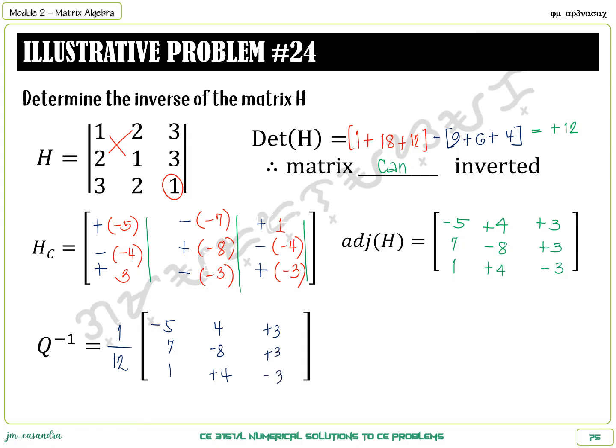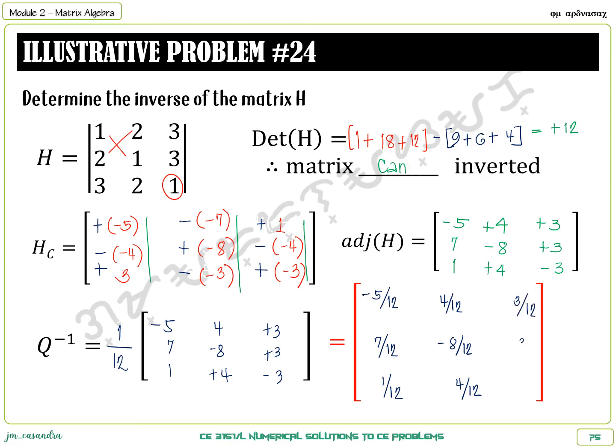So we'll now arrive at negative 5 over 12, 7 over 12, 1 over 12, 4 over 12, negative 8 over 12, 4 over 12, 3 over 12, 3 over 12, negative 3 over 12. So this is our final answer.